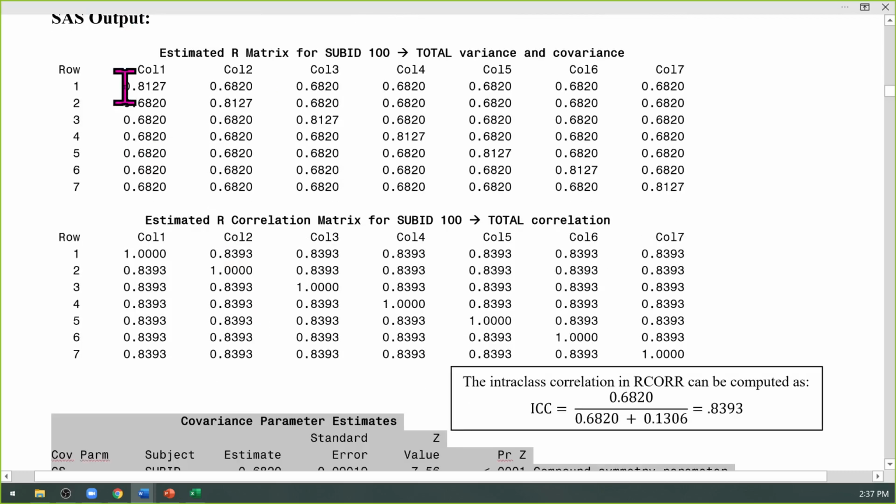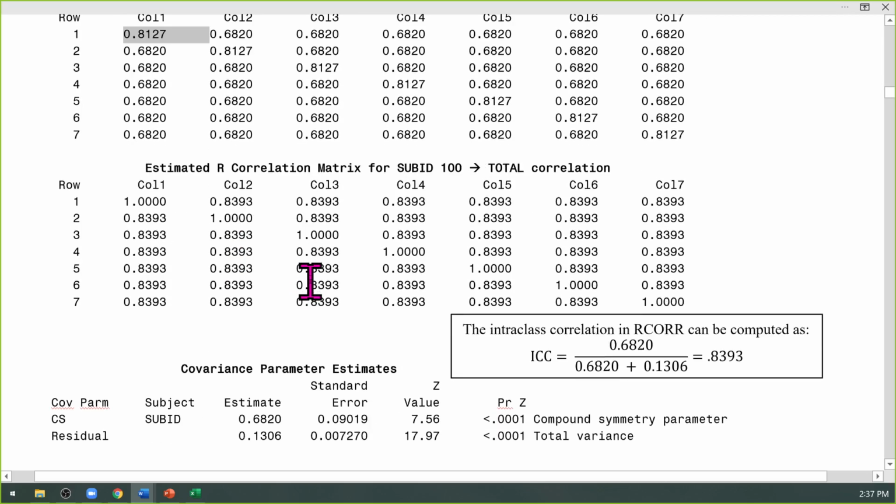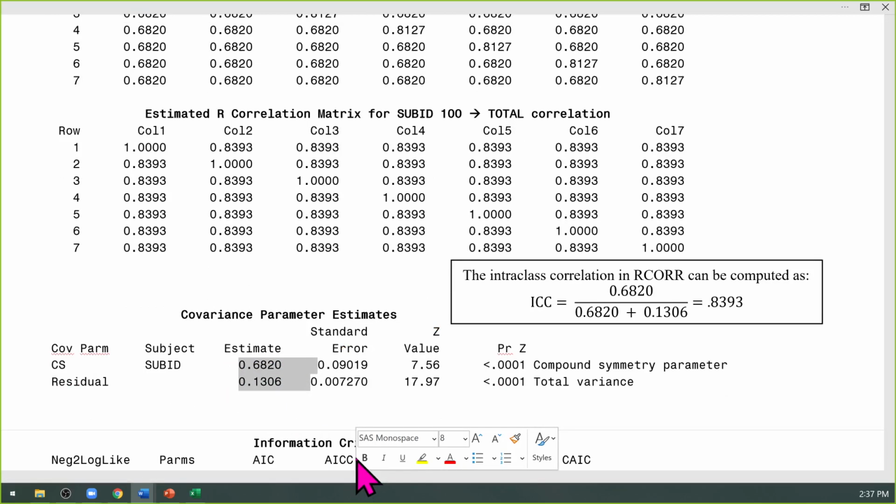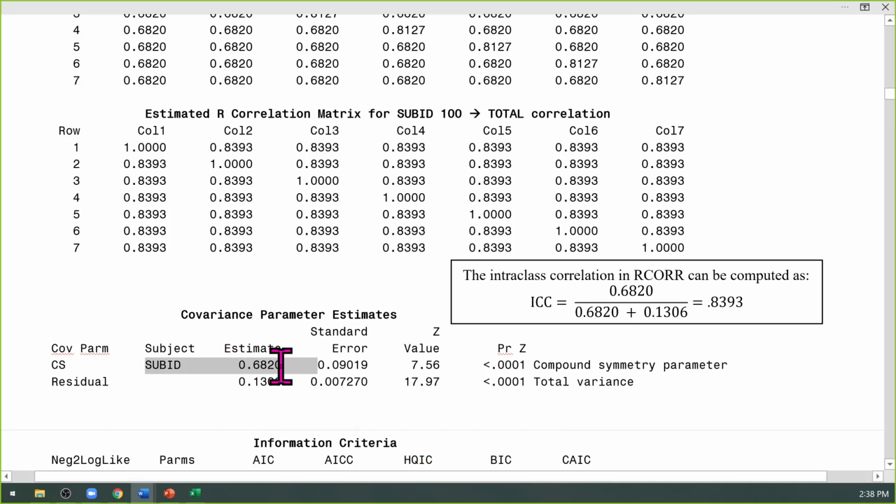And so where this 0.8127 comes from is that's the total that you get if you add the between person compound symmetry part to the within person residual part. So those two numbers compute the total. The predicted covariance across time is just that number. And if you standardize that number, you get to the R correlation right there. That's the intraclass correlation.